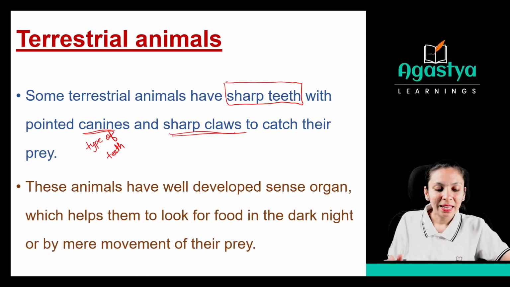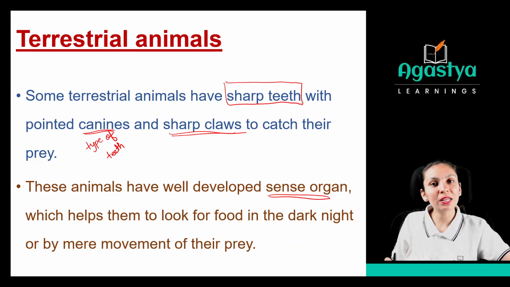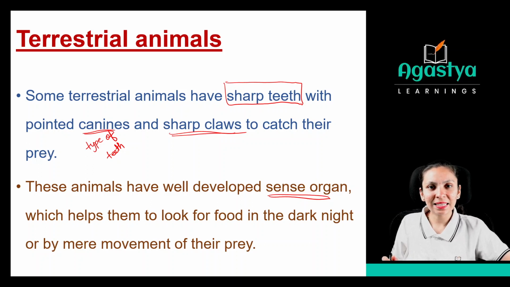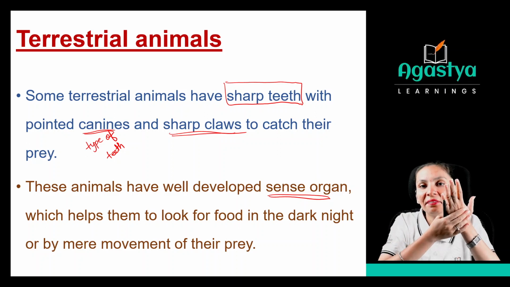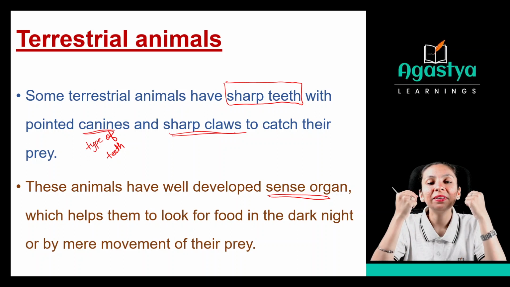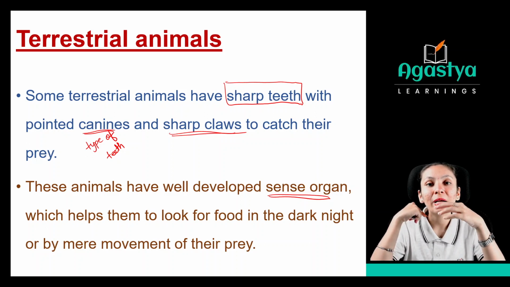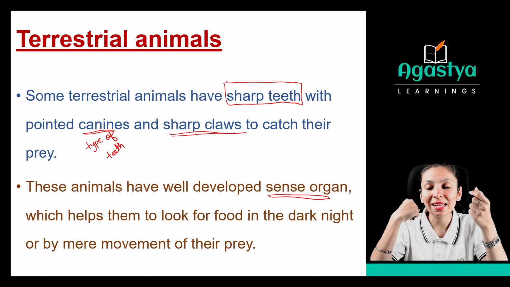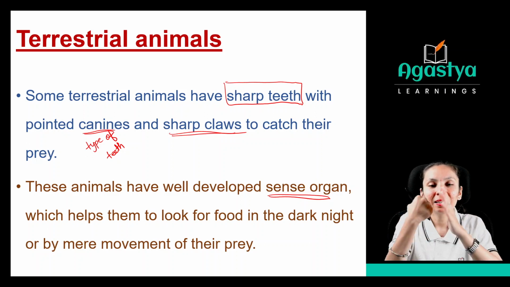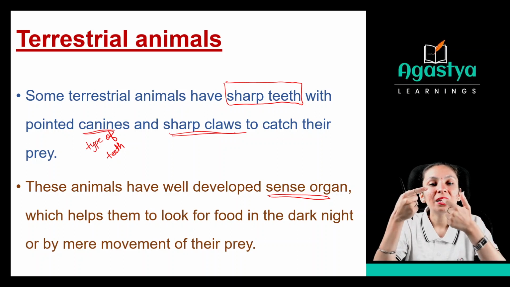Then what is next? These animals have well-developed sense organs. You know sense organs, right? As we have skin, we can feel when someone has touched us. As we have ears, you can listen to me. I have my mouth, so I can speak. But what about the senses? That is skin, ears, eyes, nose, tongue.